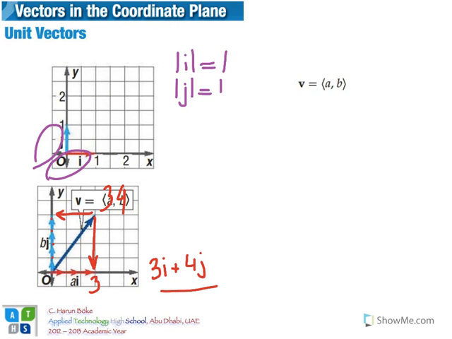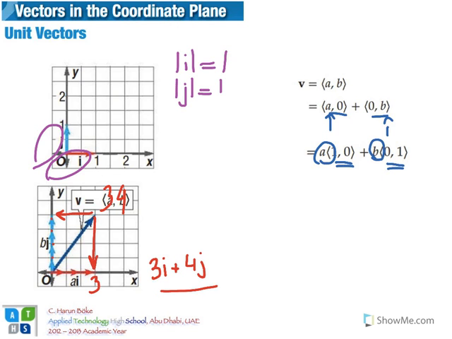If we have a vector in component form, we can write it as a sum of two vectors. We have the x component in one of the vectors and the y component in the other vector. We can think of those vectors as unit vectors multiplied by scalars a and b, right?